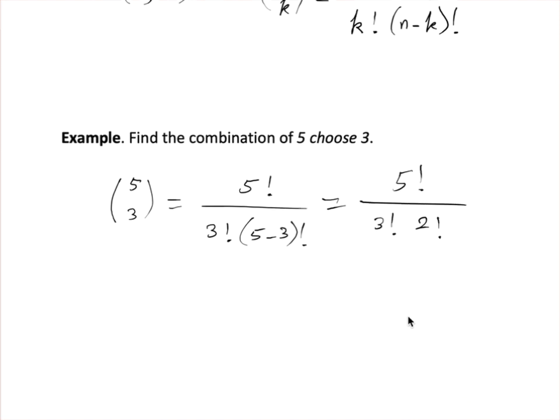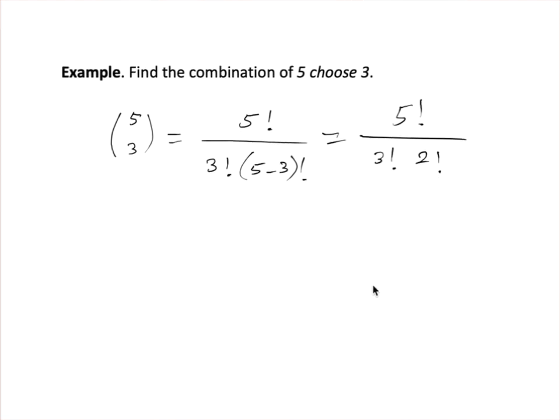And what is a factorial? 5 factorial is 5 times 4 times 3 times 2 times 1. All the numbers from 1 up to that number, 5, are multiplied. The same for 3 factorial, which is 3 times 2 times 1, and 2 factorial, which is 2 times 1.